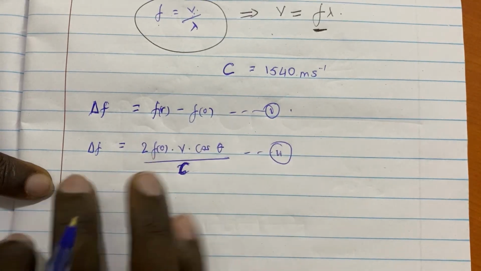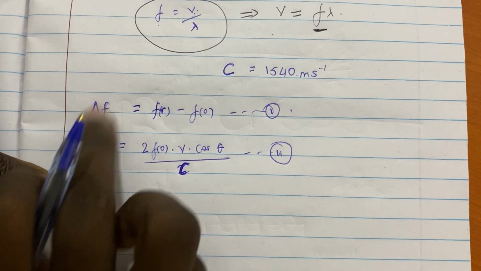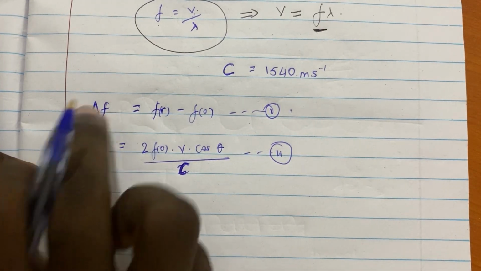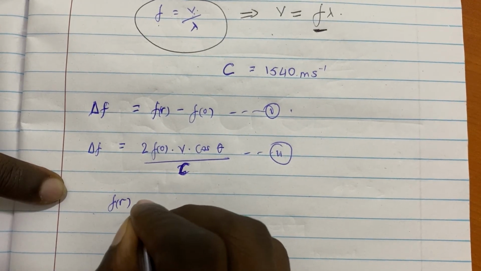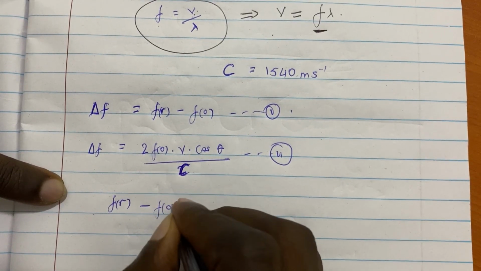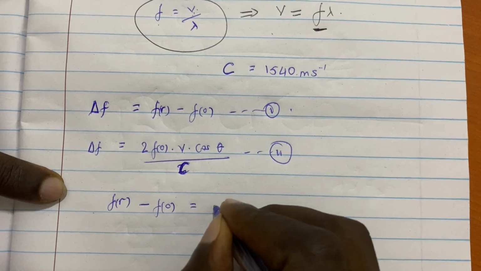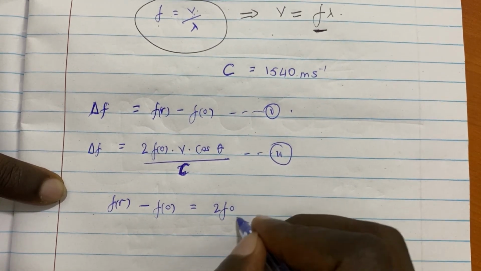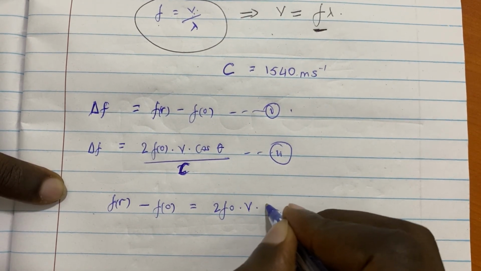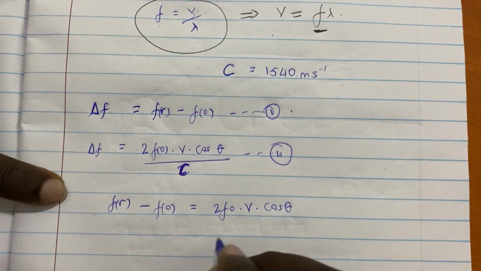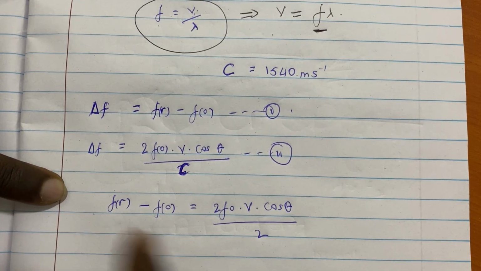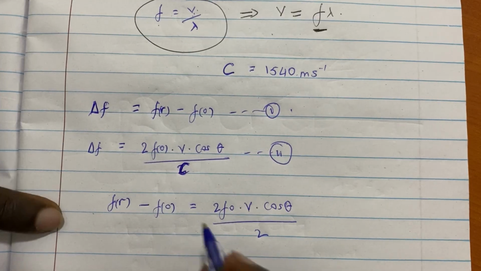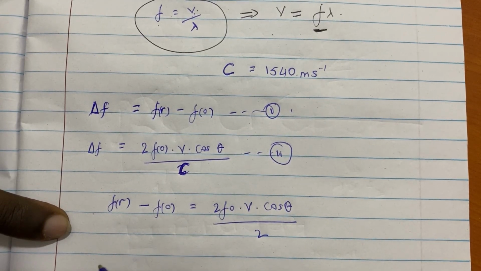So this is equation 2. If we combine these, because all these are Doppler shifts, we shall get FR minus F naught equal to F naught into V into cos of theta times 2 over C. So we want V. Why do we want V? I'll tell you.